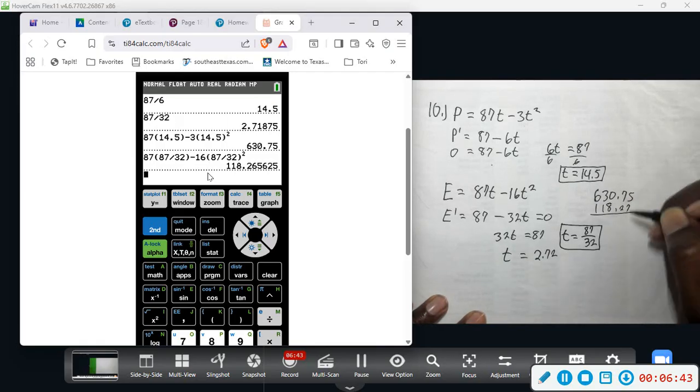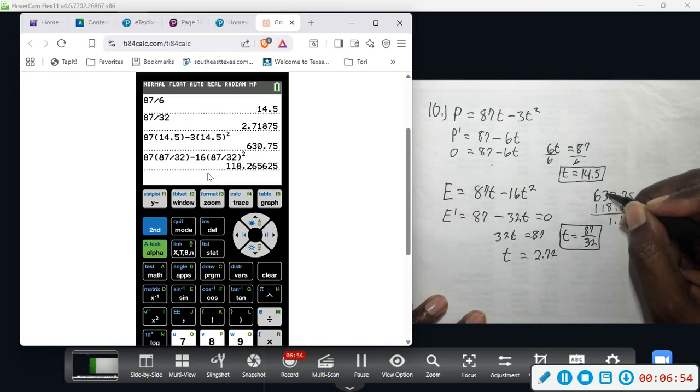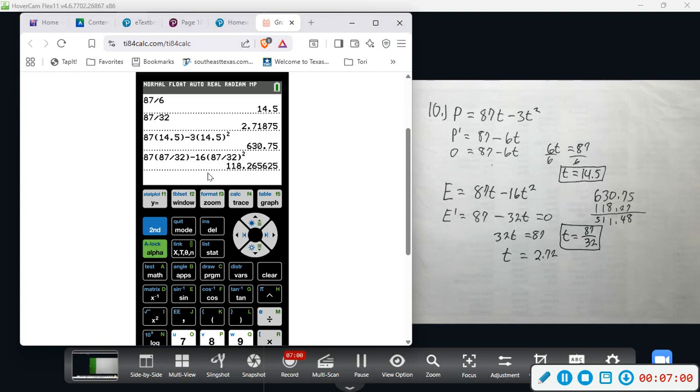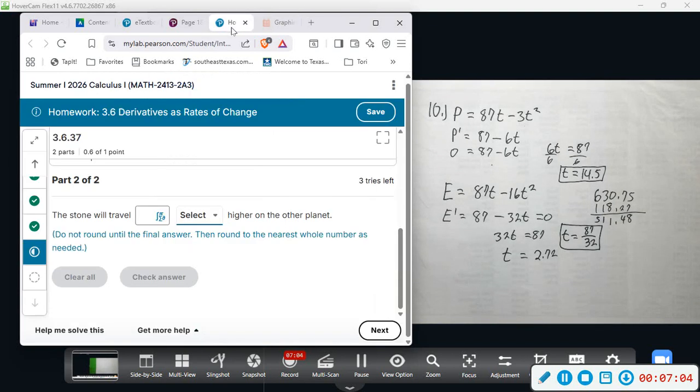All right, so then we can subtract these. That'll give us 5, 11, 48 as the difference in the height. It's going to go that much higher on the other planet.